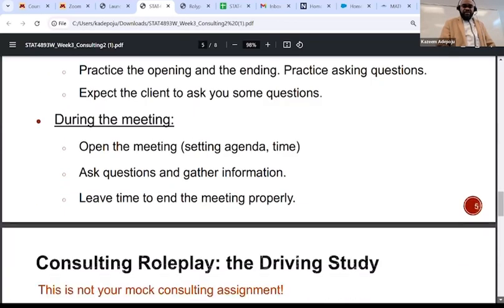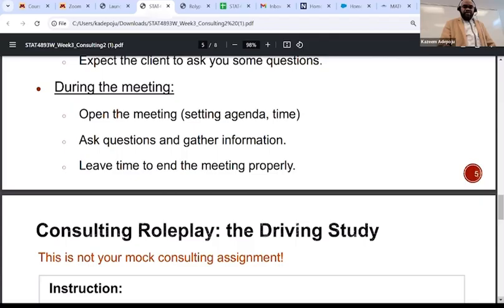Now, during the meeting, you as a consultant will open the meeting, because there is a possibility the client paid you a visit in your office. Courtesy demands that you should greet somebody coming to your office. They could decide to go to another place seeking statistical advice.